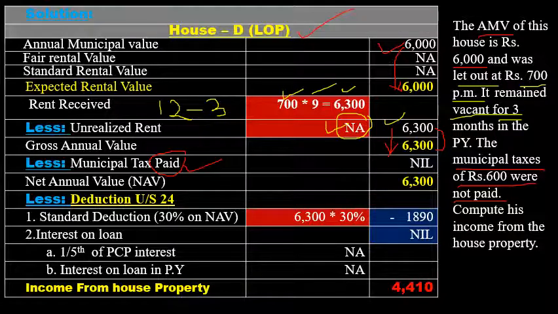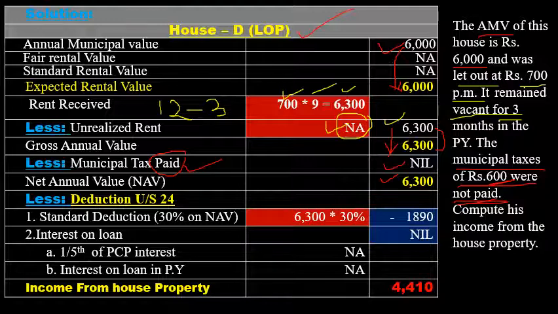If it is outstanding, due, or not paid, then it is not deductible. Here the municipal taxes of 600 rupees were not paid, so it is outstanding. Therefore it is considered nil. After considering the municipal tax, net annual value is 6300.